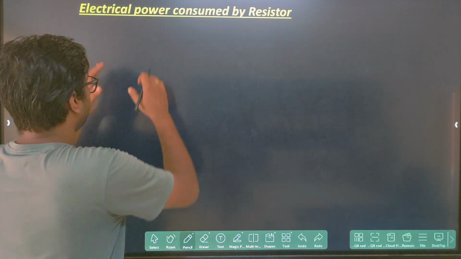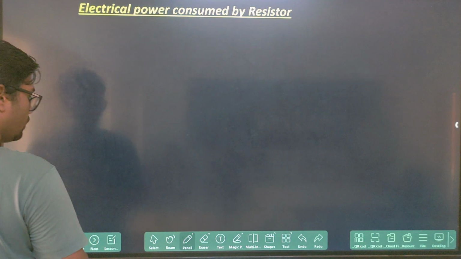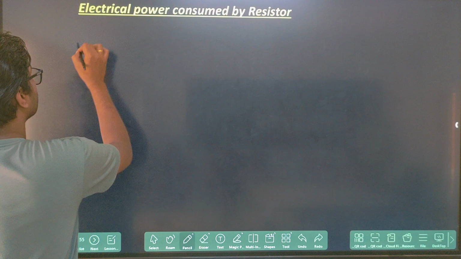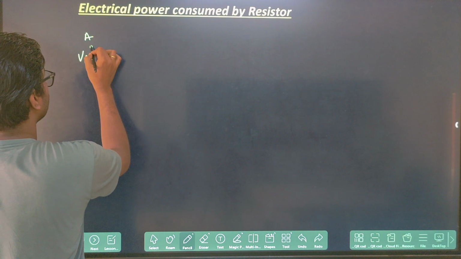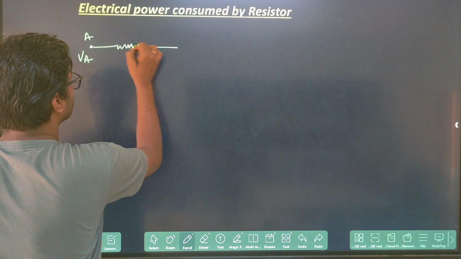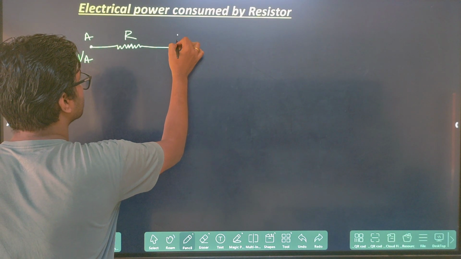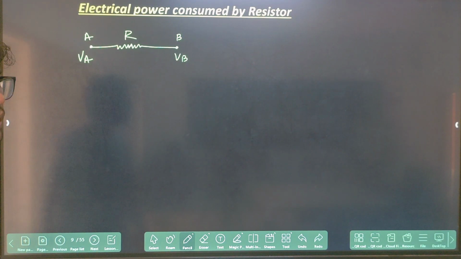Now we'll see the electrical power consumed by the resistor. So this is point A, which has the potential VA, and this is the resistor having resistance R. This is point B, this has potential VB, right?